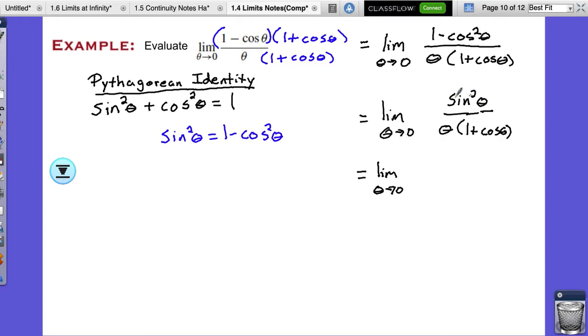I can take one of these sines up top, since it's sine squared, and break those up into sine of theta and sine of theta separately. Then the denominator, I'm going to split up by putting the theta under one of the sine thetas, and the 1 plus cosine theta on the other.